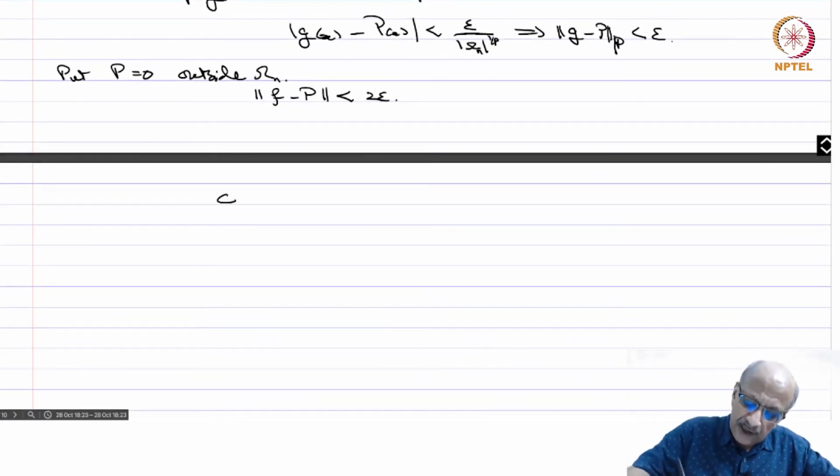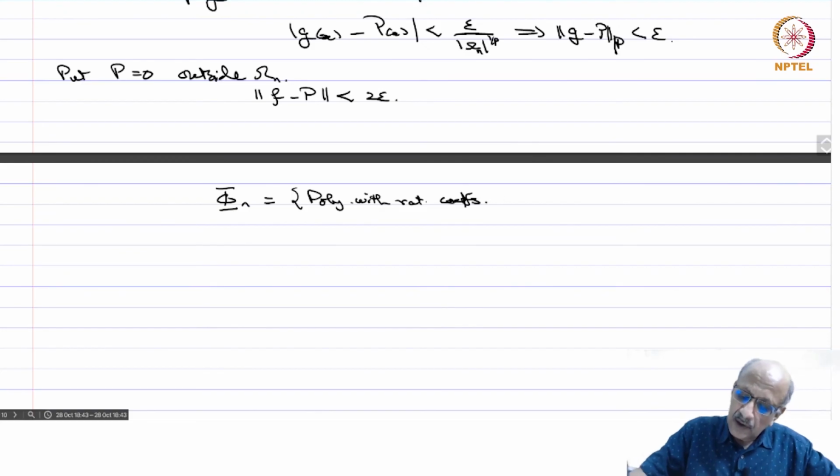So now you take Phi_n equals polynomials with rational coefficients in the closure of Omega_n and 0 outside.